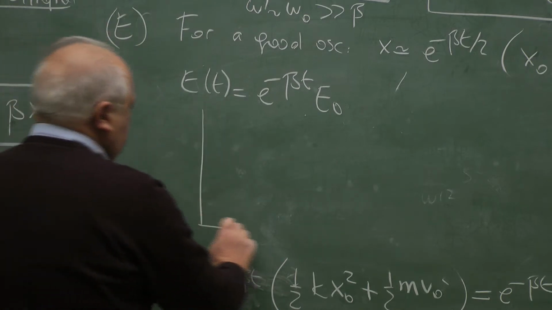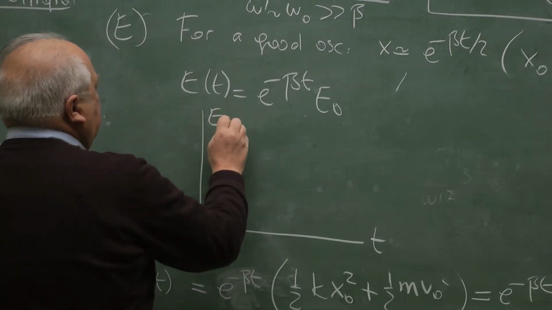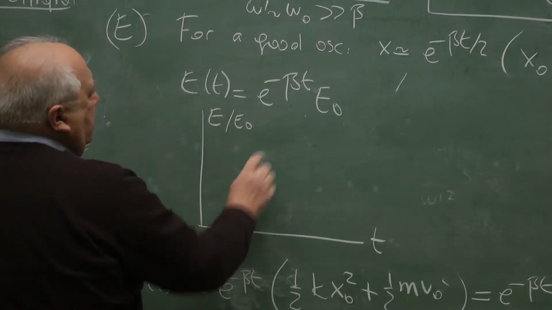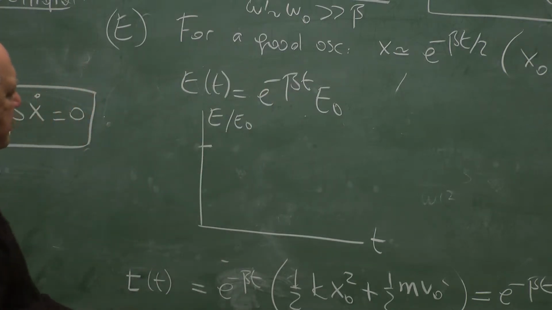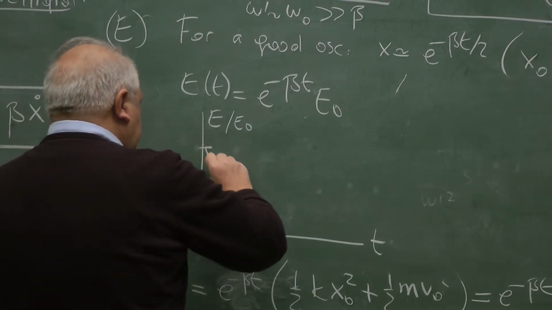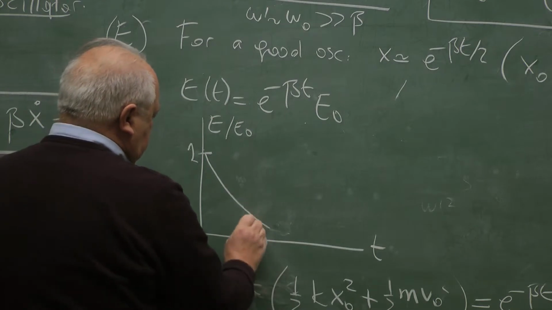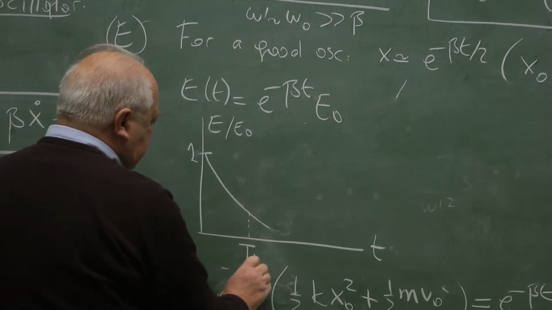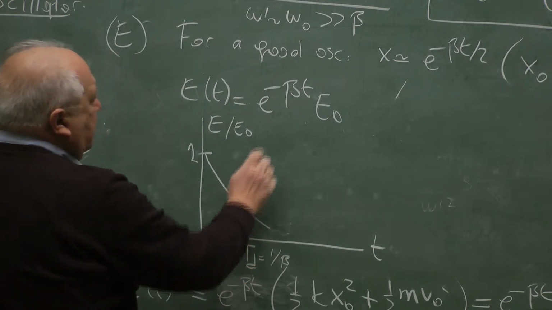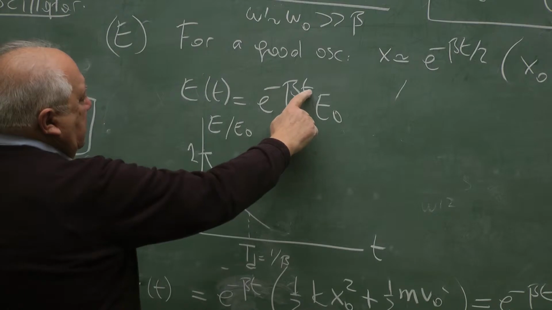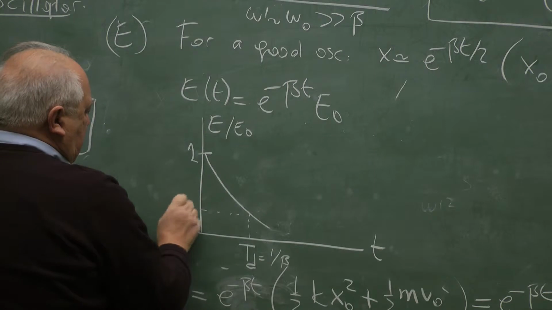So let me just draw here. This is the time t. Let me plot here E over E0, which is simply e to the minus beta t. So when t equals 0, it is 1. So it is exponentially decreasing. Let us define a time td, damping time, which is 1 over beta. So when t is 1 over beta, we have e to the minus 1.